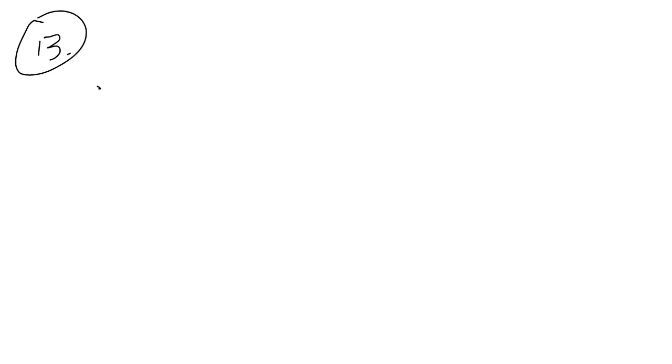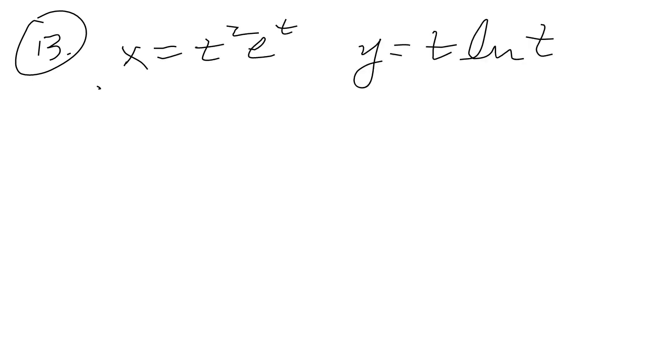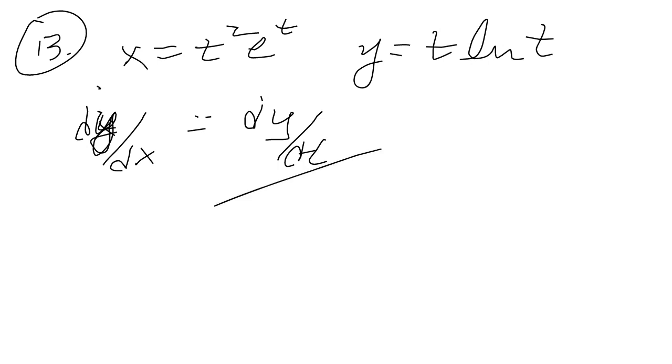We got t squared e to the t. All right. Anyway, dy/dx. If I want to do this without eliminating the variable, it's dy/dt over dx/dt. So basically, we just have to do that. All right, dy/dt, let's do that one in red.